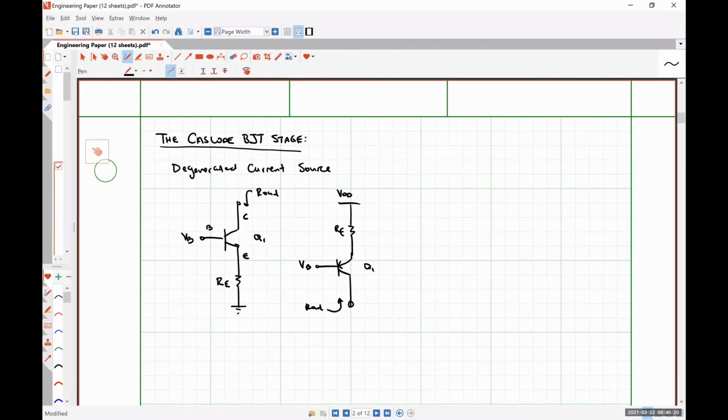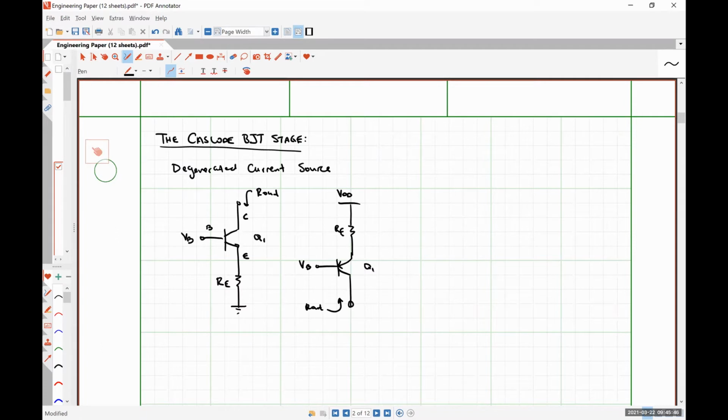Well, in our 4-resistor bias circuit, the purpose of the emitter degeneration resistor was to stabilize the operating point, to make it depend less on temperature and process variations. For a current source in particular, what it does is it boosts the output resistance, or output impedance, of the circuit.